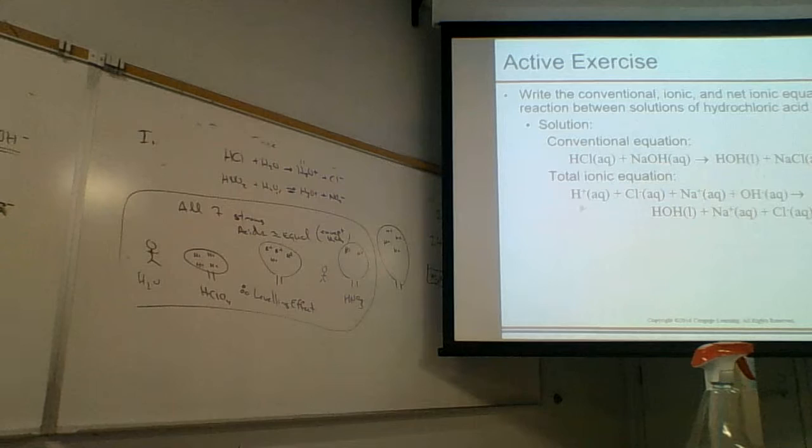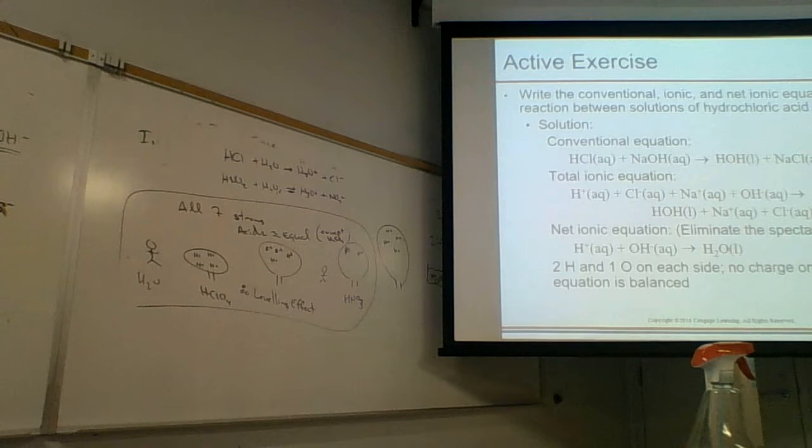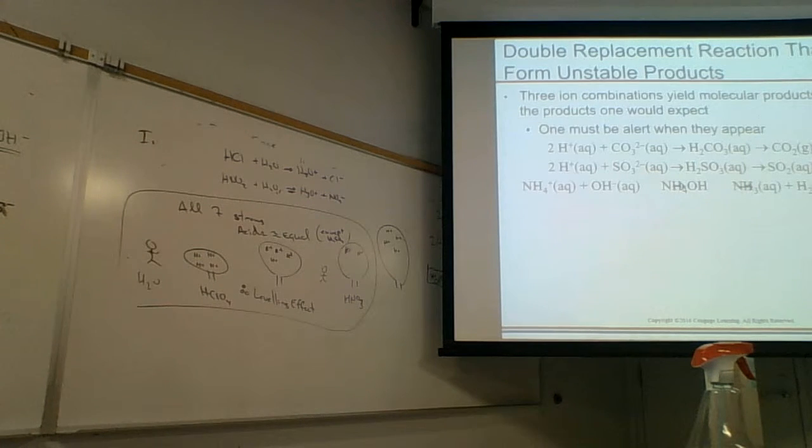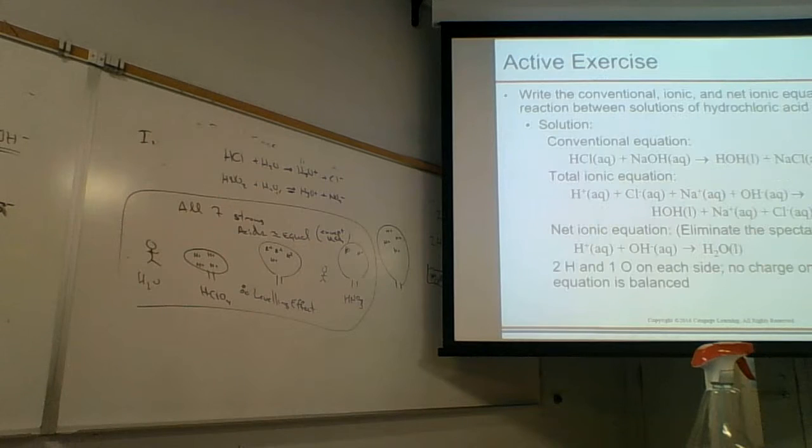The TIE stands for total ionic equation. That's what we got. And then the net ionic equation eliminates the spectator ions. And this is what we got. Net ionic. It's balanced. All right.